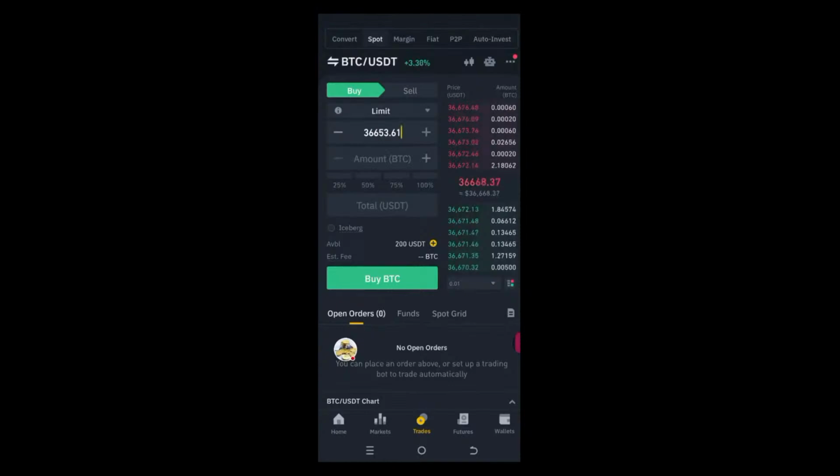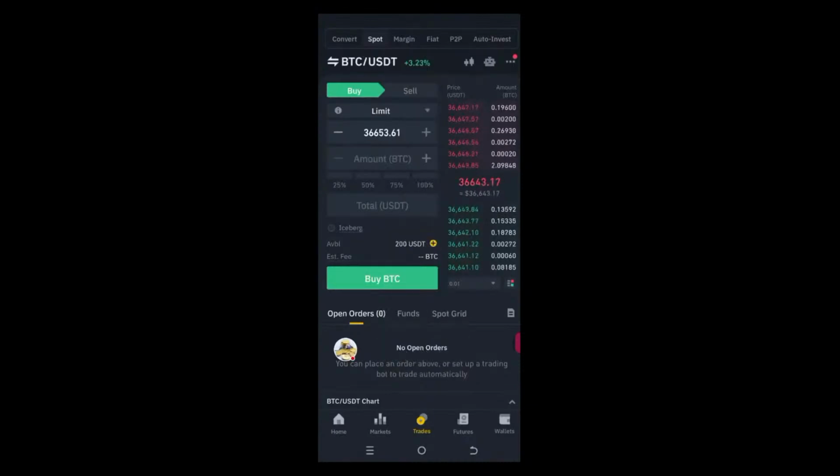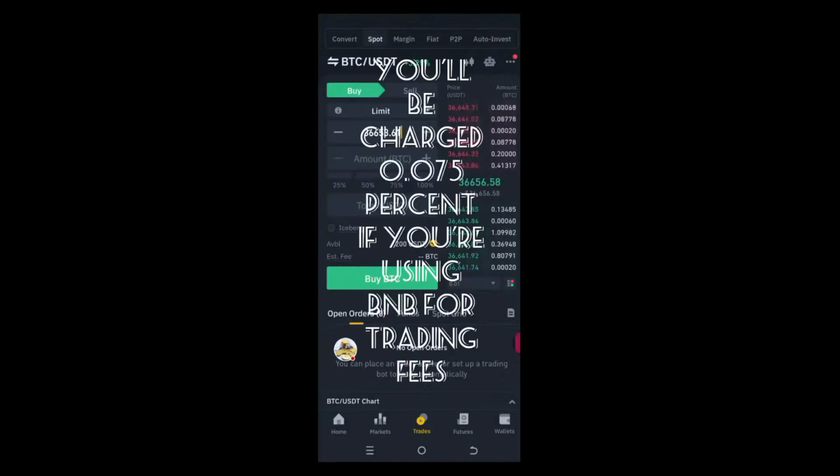Now, of course, you should realize that in the spot trading section here, you're going to be charged 0.1% on any trade. And if you're using BNB for your trading fees, you will be charged less, like 25% less, 0.075, something like that.